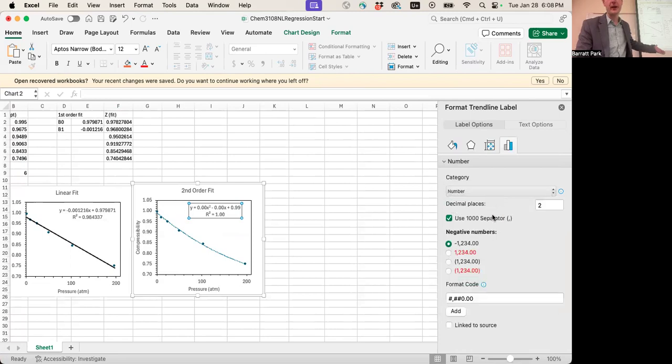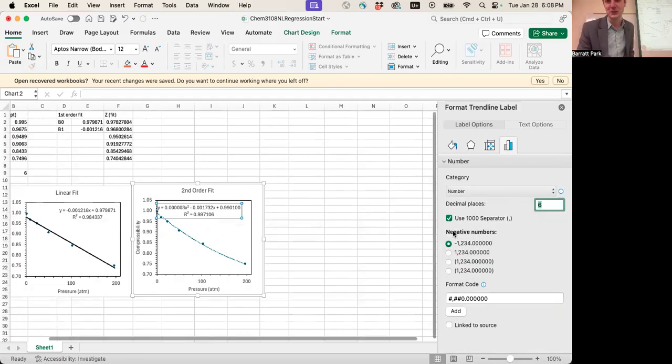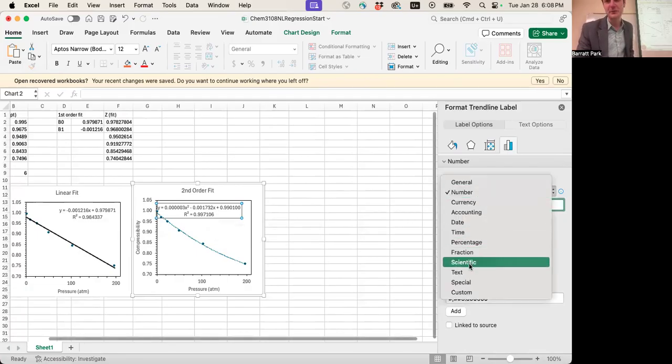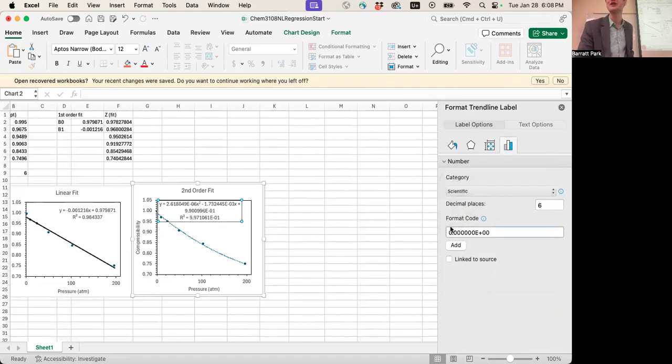I could say I want to display numbers with a certain number of decimal places. Maybe this is good enough for our purposes right now. Not really, right? Because this first number now only has 1 digit of precision. So maybe the better way to do this would be to put it in scientific notation with a lot of decimal places. That way we can get some precise numbers.